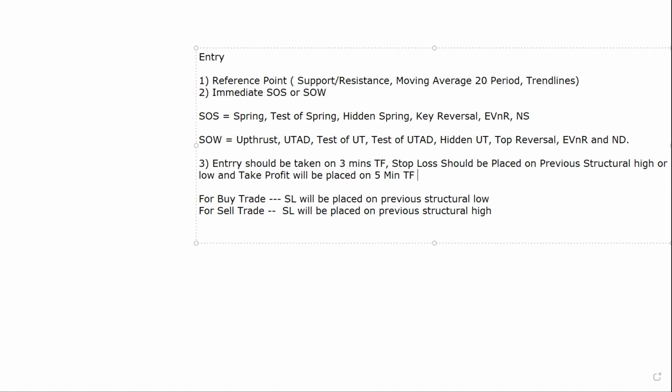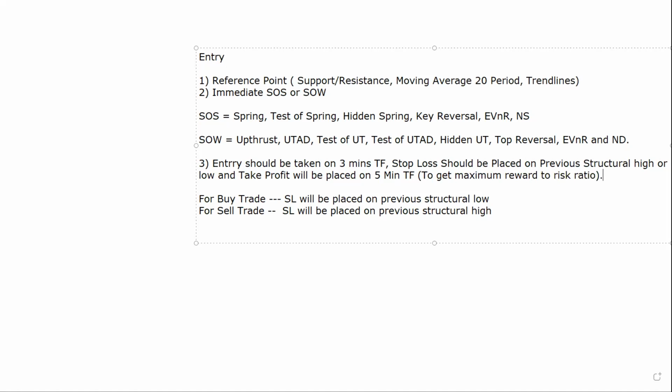Why would we place it on the 5 minutes time frame? Why is stop loss placed on the 3 minutes time frame, but take profit on the 5 minute time frame? To get maximum reward to risk ratio. Got it?